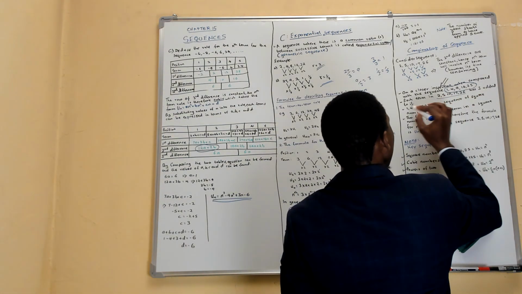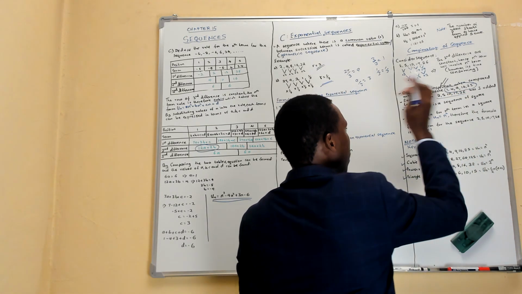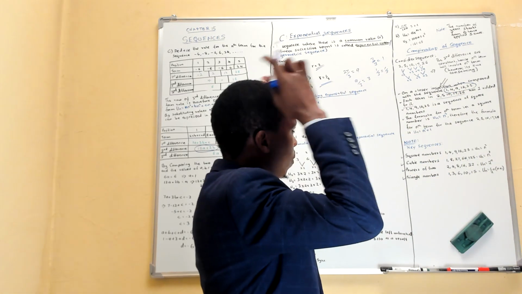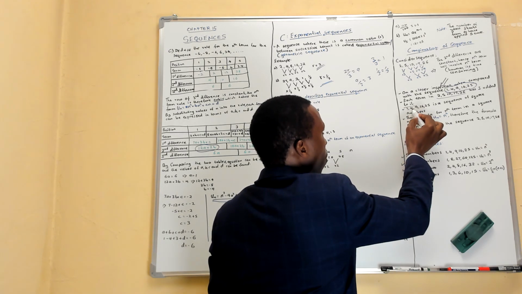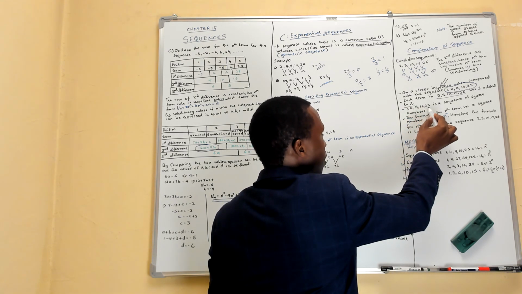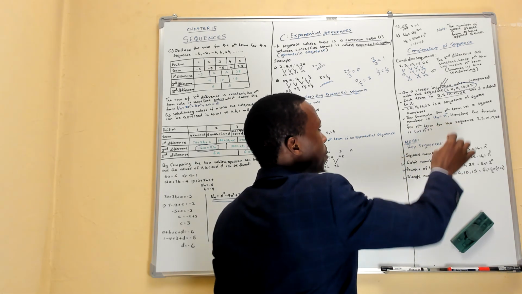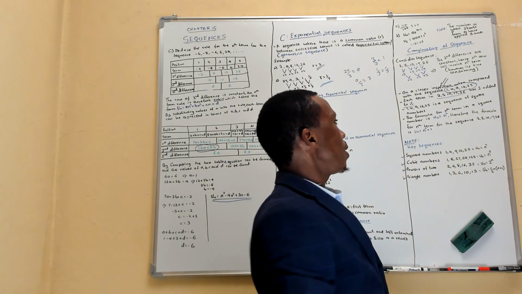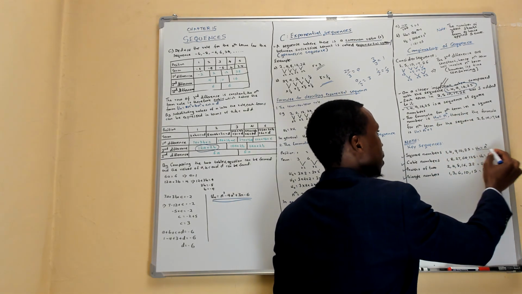From this, for me to get this from this, I add 1. Now, the new sequence that is a key, which is 1, 4, 9, 16, and 25, is a sequence of square numbers. Therefore, the formula of the nth term in a square number is this, which I've written here again.